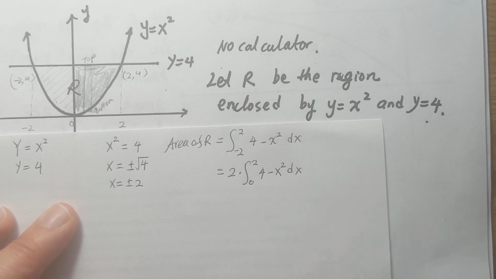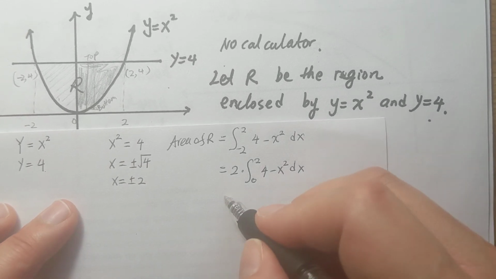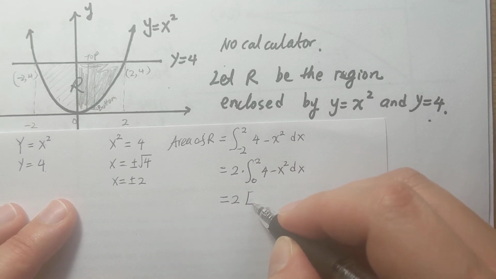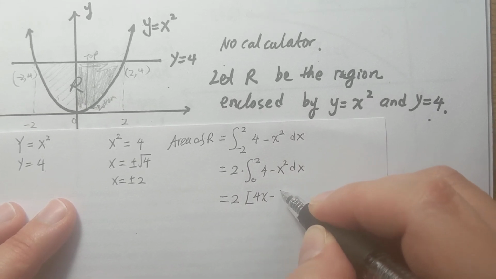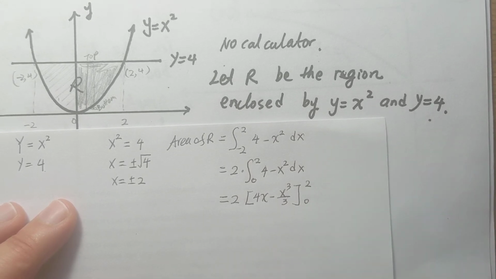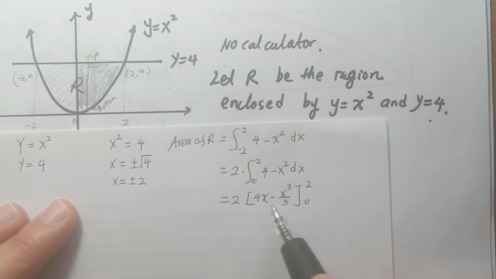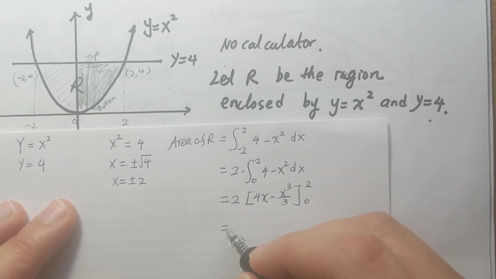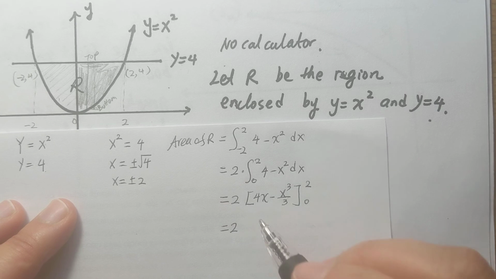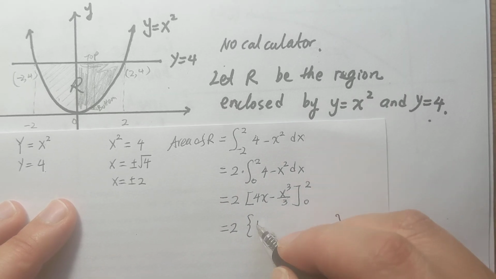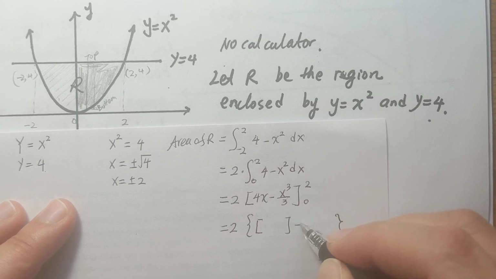So now once we get this, we're going to integrate. So 2 stays the same, and then I am going to have 4x minus x cubed over 3. And then I'm going to continue to find the number, and then times 2 at the end. So because I already used brackets, I'm going to use braces, and then you're going to have bracket minus bracket.